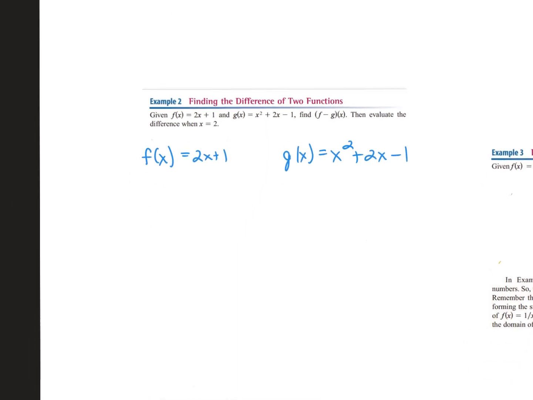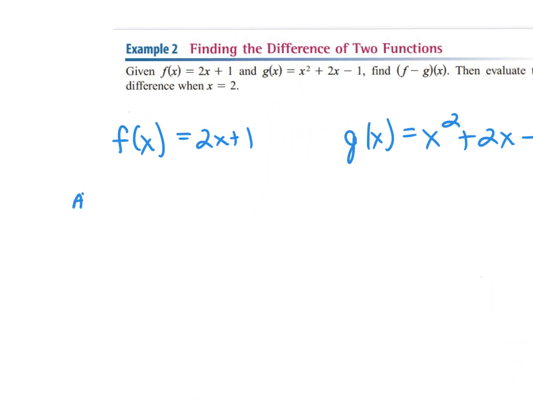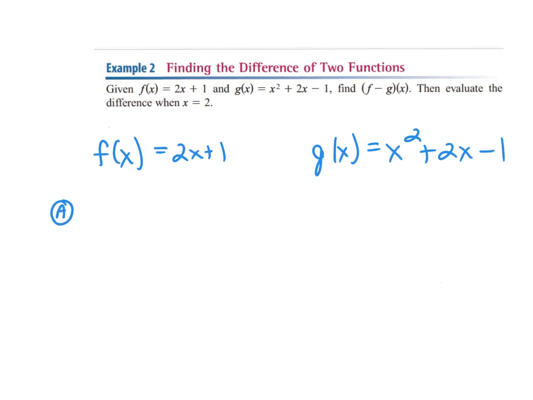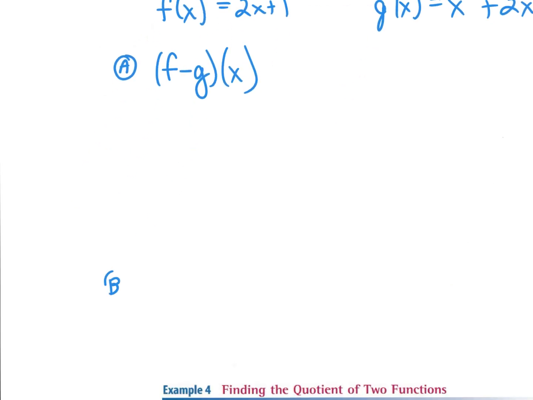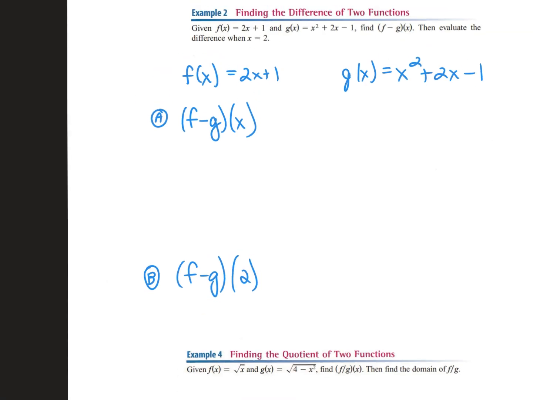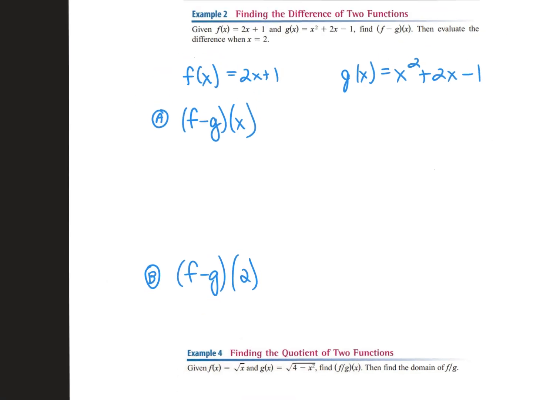Problem number A, or letter A, we'll call it. I want f minus g of x. Then B is going to be f minus g of 2. And I'll show you the difference of what your answers will look like, how you answer the question.